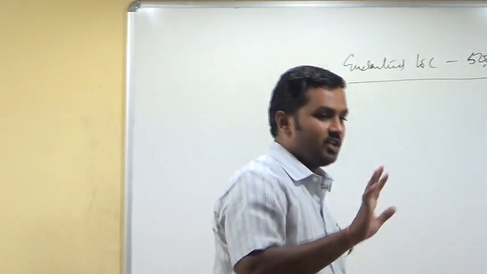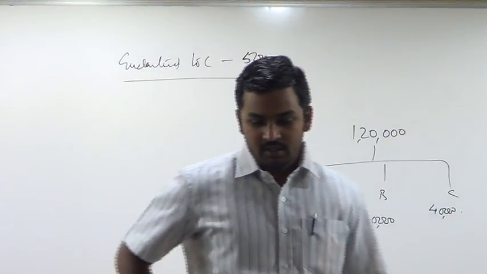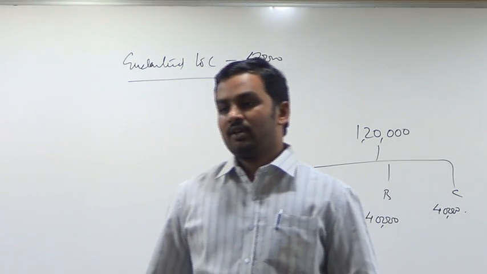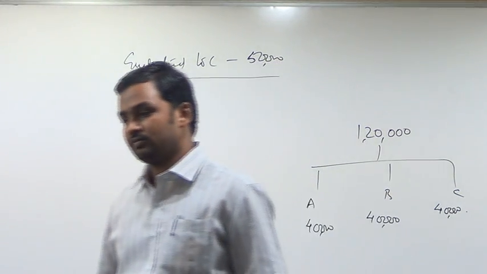If the partnership deed is silent on how the other partners are going to compensate, then it is in their profit sharing ratio, as per the agreed ratio, or when there is no agreement, in the ratio of their profits.